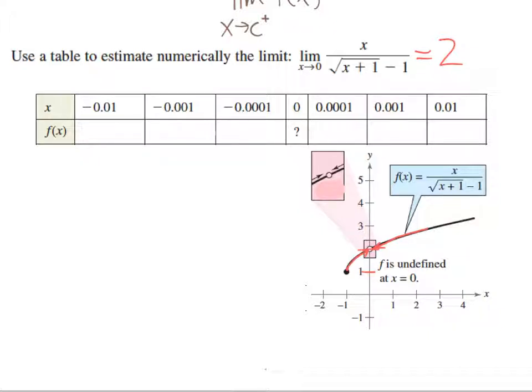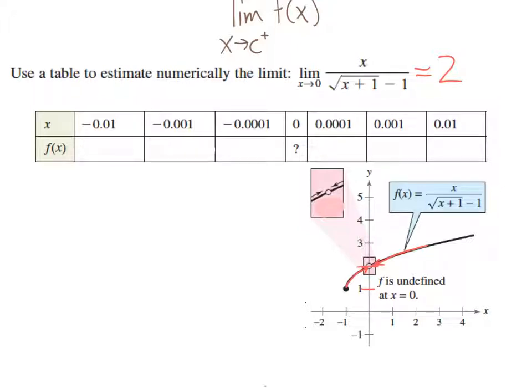So this is 1.9949874. Okay? Now you keep doing the same thing. We're still tracing here, so if we just type in negative 0.001 and hit enter, it gives us 1.9994999.